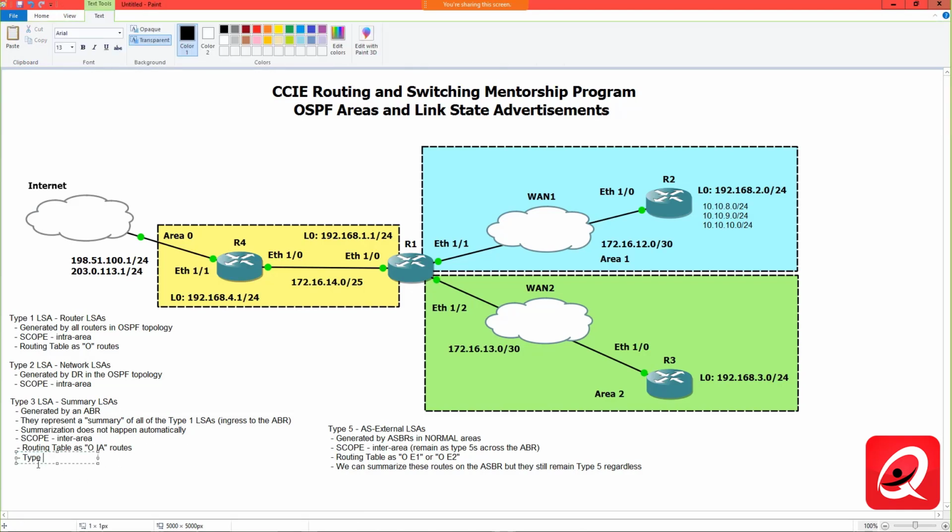Type 3s, well, I don't need to put that. This is the type 3 summary. Not allowed to enter, and we'll talk about this later when we get into our special area types.